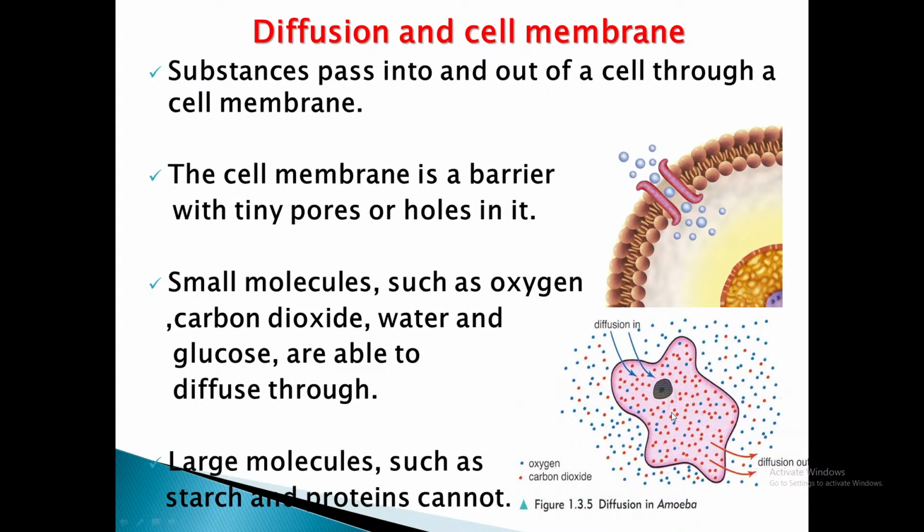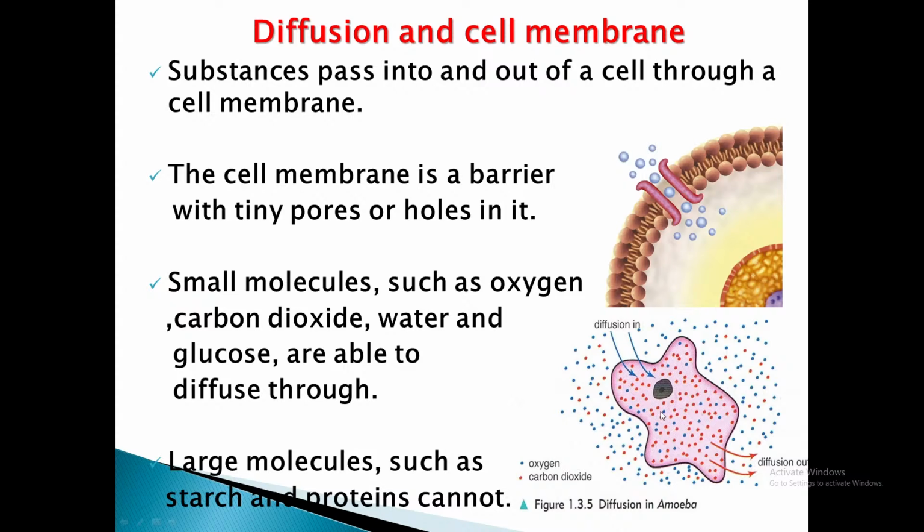Looking at that image, I can ask you to tell me where the place of high concentration for the oxygen is, and that would be outside of the cell, and the place of low concentration for oxygen will be inside.